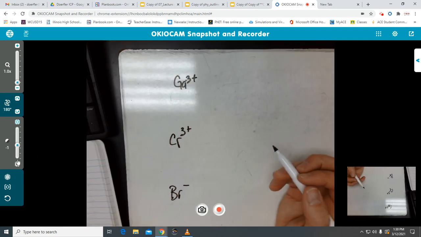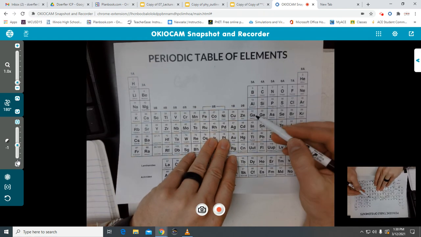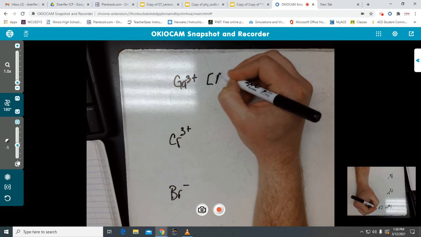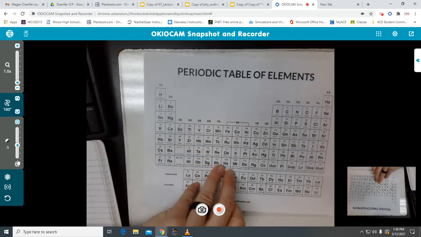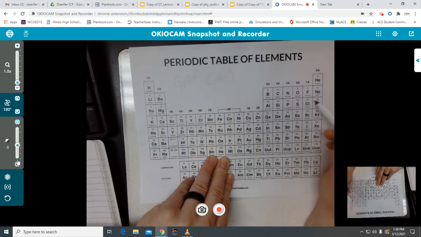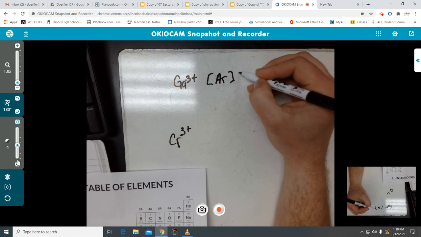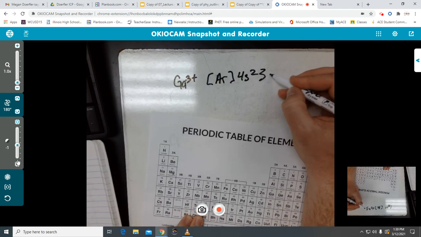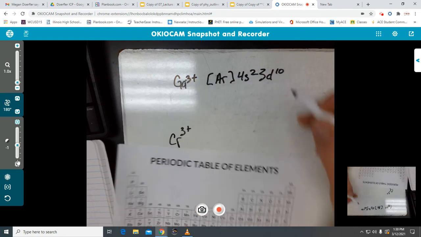All right, gallium is going to have a noble gas configuration. We find gallium right here: [Ar] 4s2 3d10 4p1.